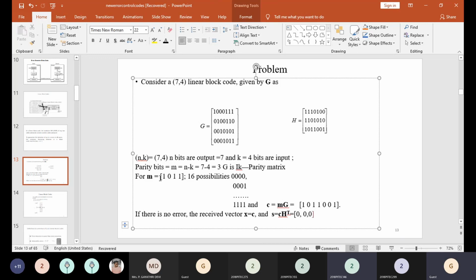You multiply this 1 by 4 vector along with this 4 by 7 matrix, so you'll be getting a 1 by 7, that is 1 by n.